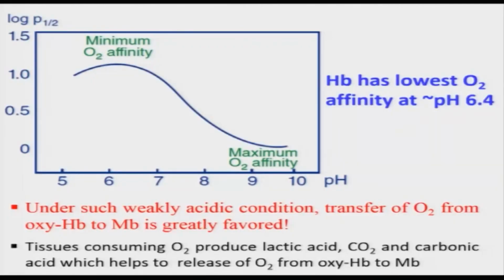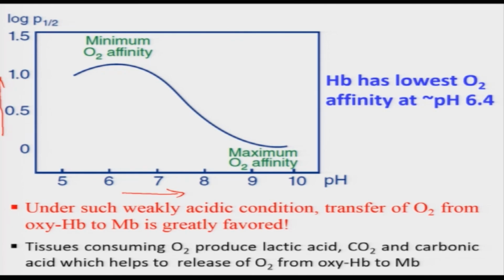Now, this is what is being plotted: the partial pressure of dioxygen which is required for its saturation is plotted on the y axis. On the x axis, the pH is plotted.